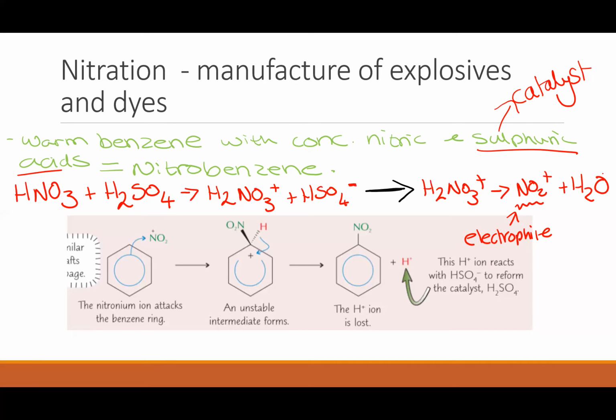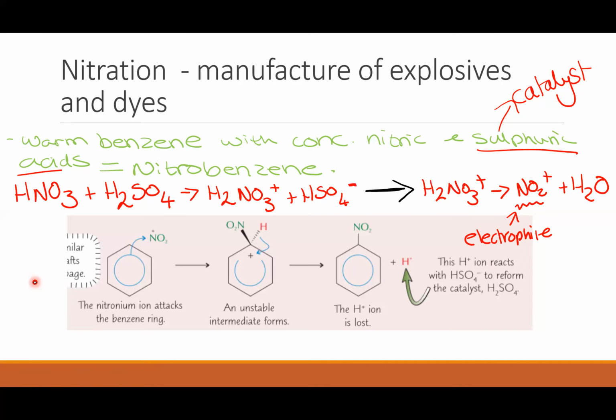So underneath is the electrophilic substitution mechanism. Sulfuric acid was our catalyst, and that helped us make the nitronium ion. As you can probably see as I go through it, it's really similar to the Friedel-Crafts acylation we've just been through.